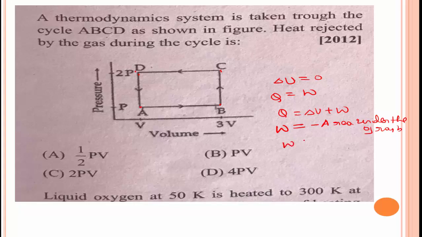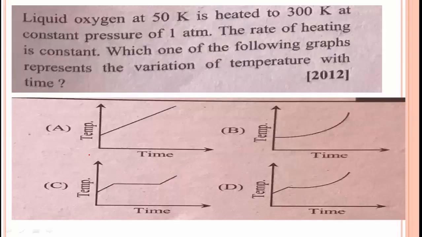Therefore W is equal to minus P into 2P, because this is 2P minus P, that is P, into the volume, 3V minus V, that is 2V. Therefore the heat rejected is 2P into V. Option C is the right answer.